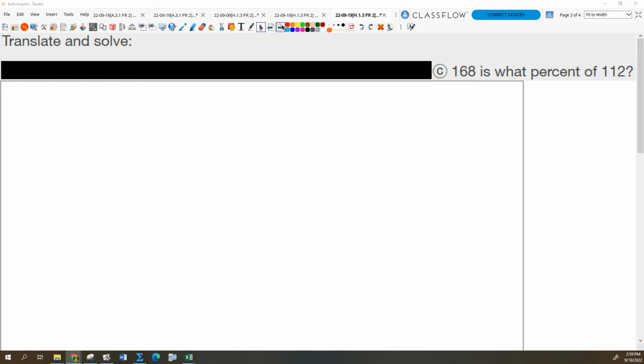How about this one? 168 is what percent of 112? What's the unknown this time? The percent. So how am I going to write that one? 168 equals what percent of 112?